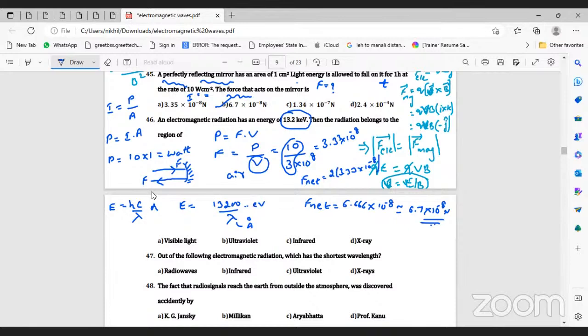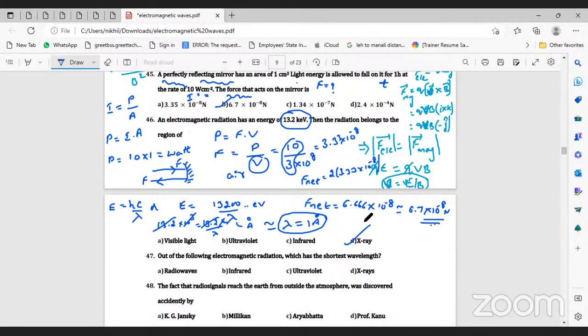Now, what energy have they given? 13.2 kilo. Kilo means 10 power 3. That is 13.2 kilo by lambda. Kilo will get cancelled out, and 13.2 will also get cancelled out. Approximately lambda is going to be 1 angstrom. The wavelength range of 1 angstrom is for X-rays.